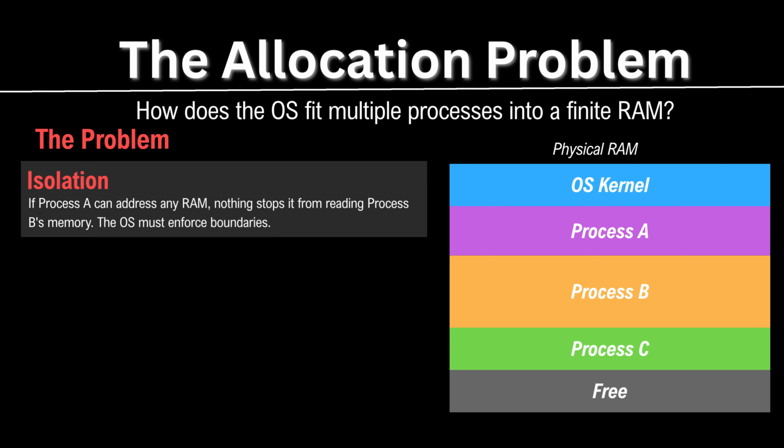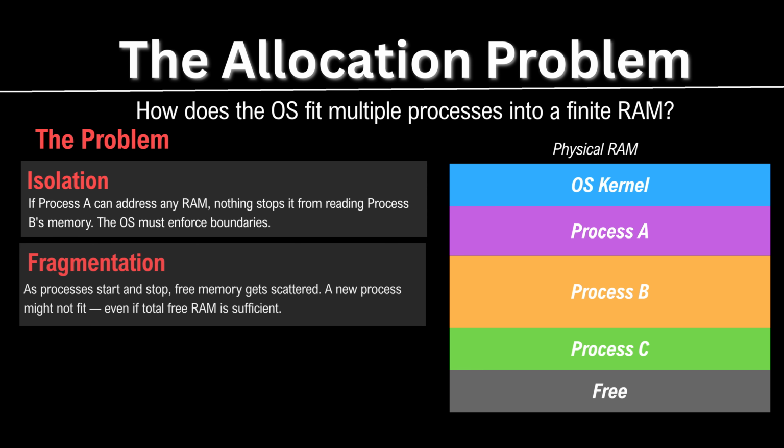First, isolation. If you only use base and limit registers, nothing prevents a buggy process from addressing memory outside its region unless the hardware checks every access. Second, fragmentation. As processes start and exit, free memory gets scattered in small gaps.